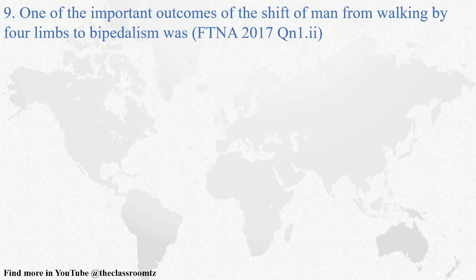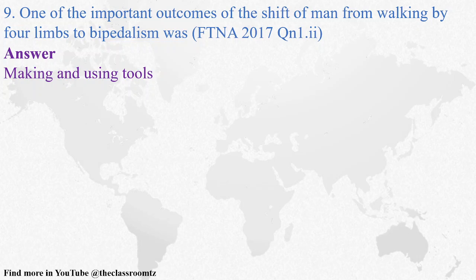And the answer, since it was a multiple choice, is making and using tools. When man started to walk on 2 limbs, some limbs were freed from walking. Remember we have 4 limbs, the hind limbs and the fore limbs.